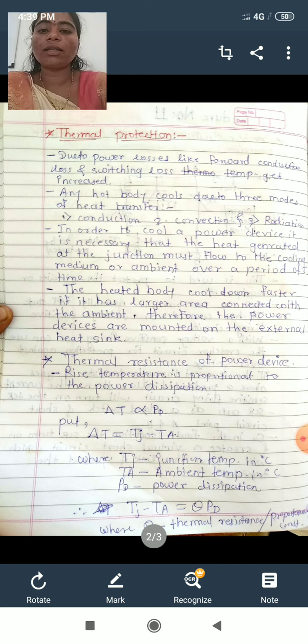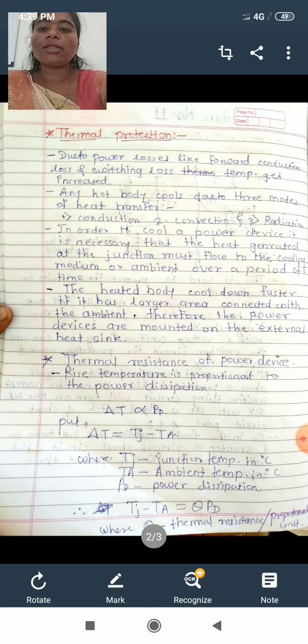In these three static power losses, the power loss is normally negligible, because in forward conduction, the voltage is minimum and the current is maximum. Due to that, the power loss is negligible.